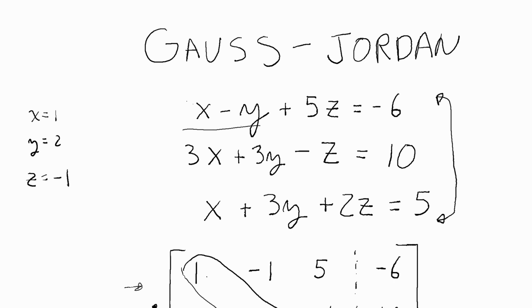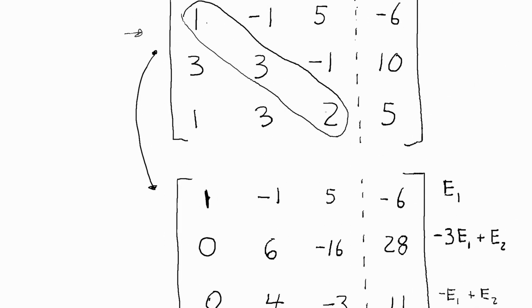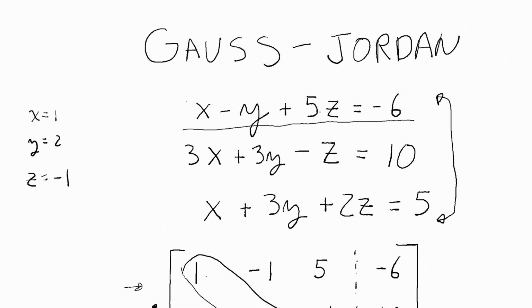In our minds, if I take 1 minus 2, and then minus 5, is that equal to a negative 6? Well, let's see. 1 minus 2 is minus 1. Minus 5 is minus 6. So that equation works with these three.